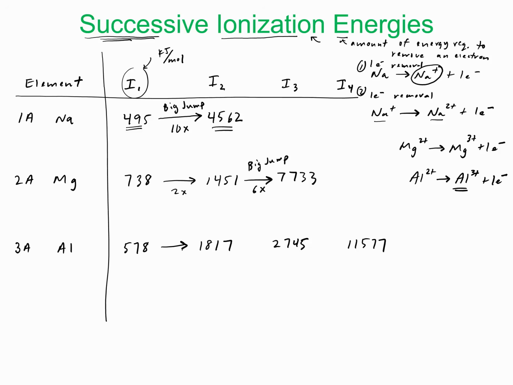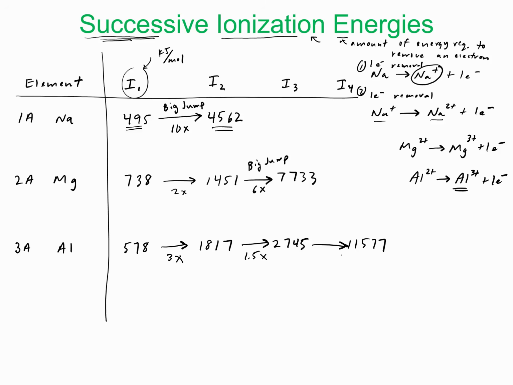And if you look at aluminum, we have about 3 times as much. Not too bad. The next electron, less than 2, maybe 1.5 times as much. But the fourth electron for aluminum, what would that be?